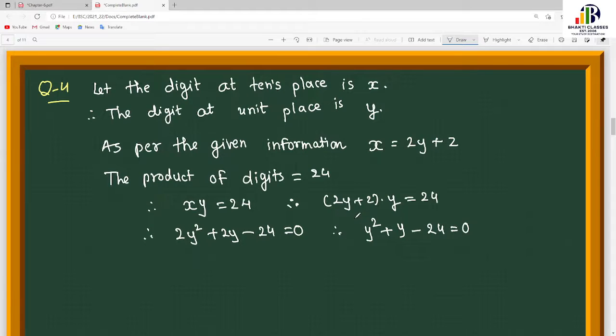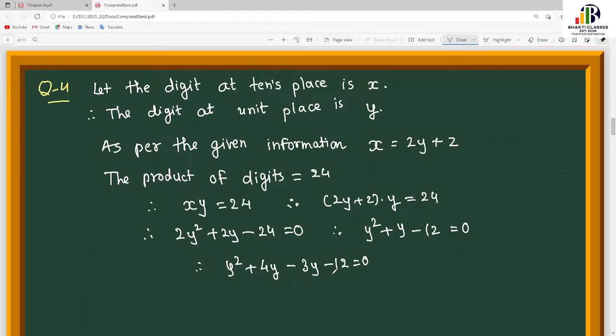Now we have to factor 12. I have made a mistake over here; this would be 12. Now we have to make the prime factorization of 12 such that the middle term 1 can be derived. So y square plus 4y minus 3y minus 12 is equal to 0.